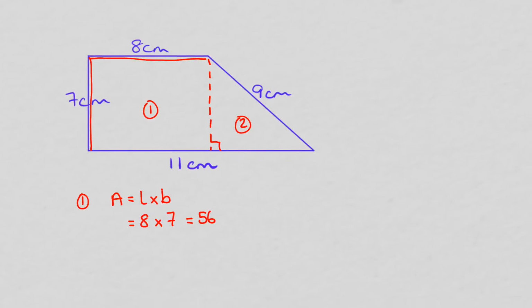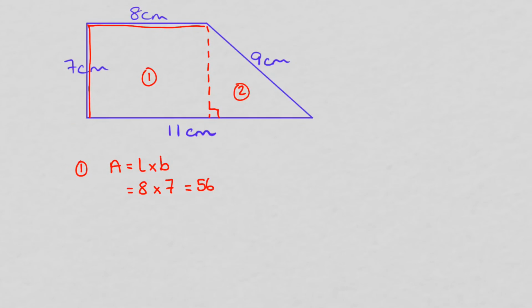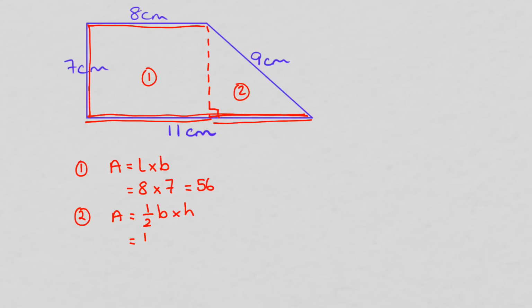For the shape number 2, that's a triangle. So we need half base times height. So the base of this triangle, well, all the way along there is 11. This bit of it is 8, so that bit of it is 3. So it's a half of 3 times 7 for the height there.